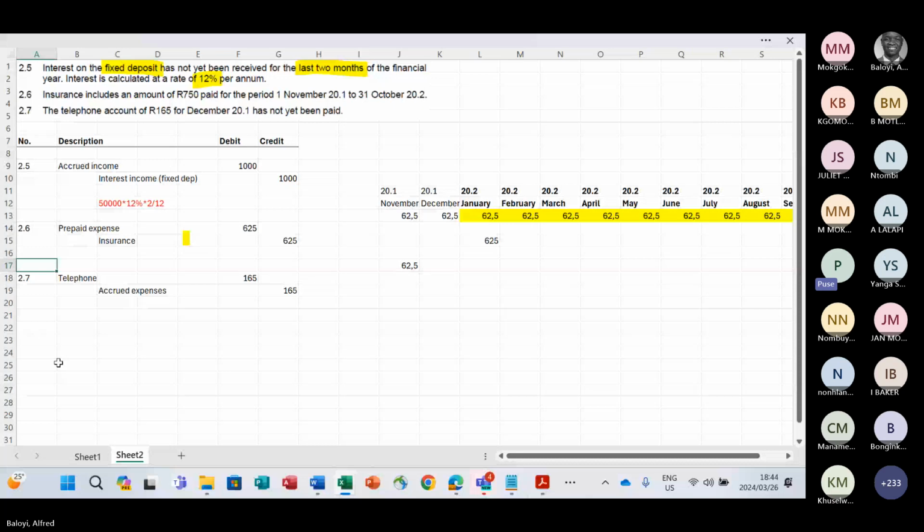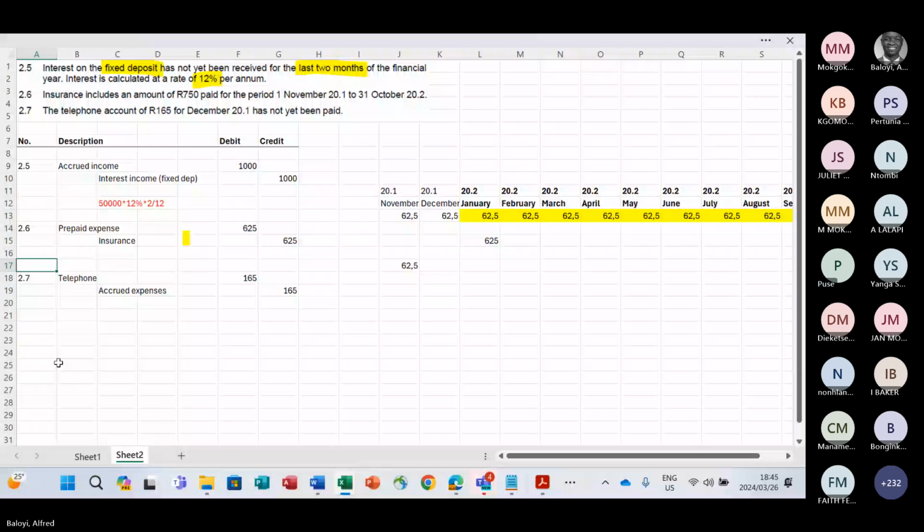Yes, you first account for the 2 months that are left, November and December, and then you take the amount that you have calculated and you times it with the number of months that you are given.